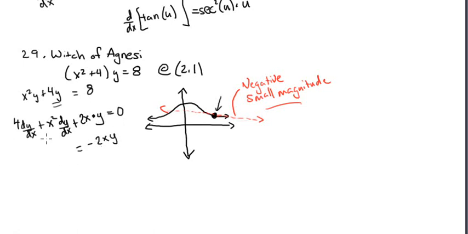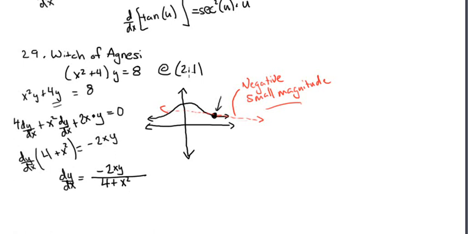And this is going to be equal to, I can factor out a dy over dx in both terms that are on this side. And that's going to be 4 plus x squared. And then I will divide both sides by 4 plus x squared. So I get dy over dx is going to be equal to negative 2xy over 4 plus x squared.